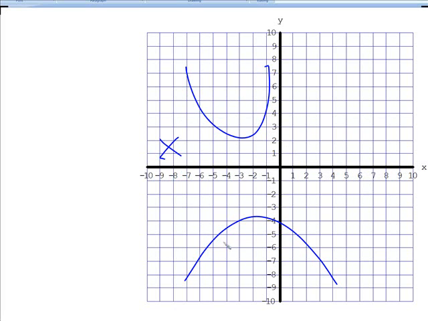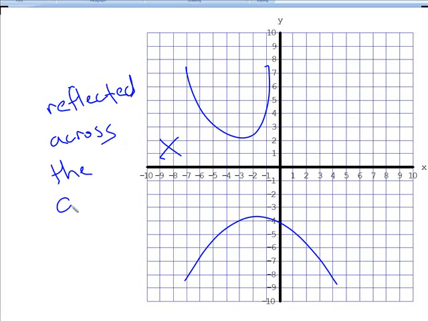It flipped across the x-axis, or as you learned in geometry, that was called a reflection. So what you're going to say is, the parabola reflected across the x-axis.